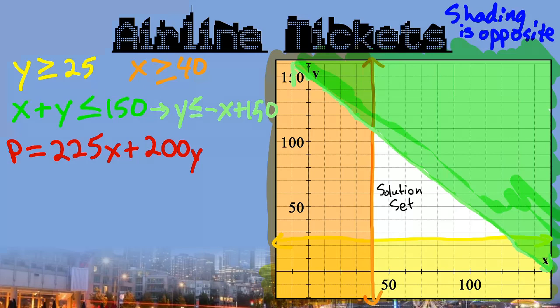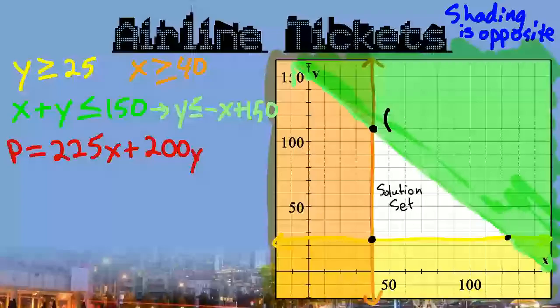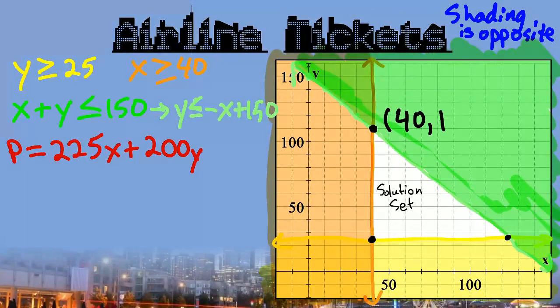All right, because we want to maximize our profits, we're going to have to look at these corner points. So this is the point 40, 110. Down here we have 40, 25.